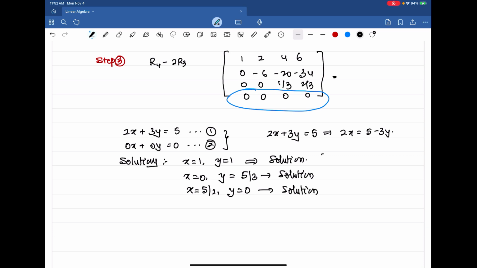That means on a real line, there are an infinite number of combinations, infinite solutions. This type of matrix has determinant equal to 0 and infinite solutions.